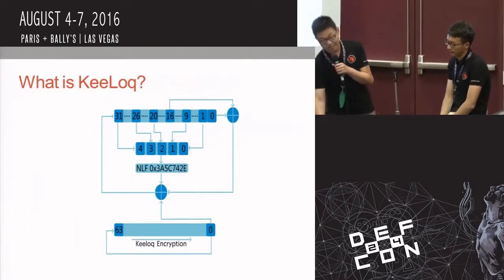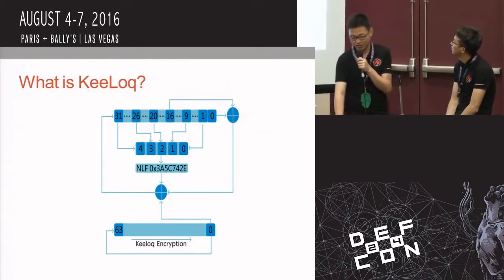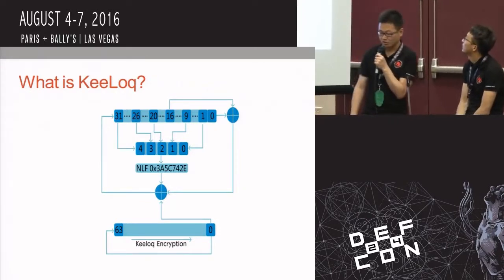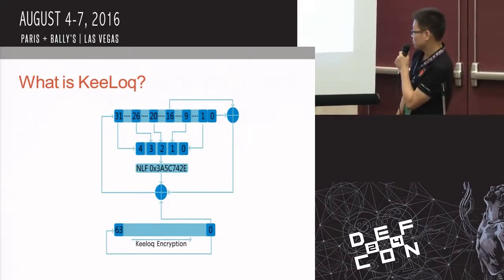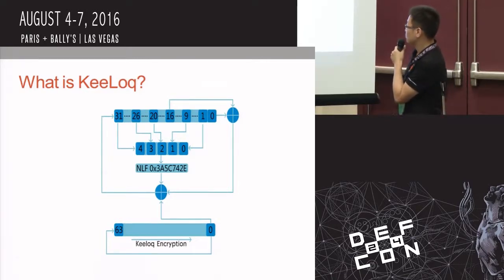Then let me briefly introduce KeeLoq. It has two parts: the 64-bit encryption key, and the 32-bit data.